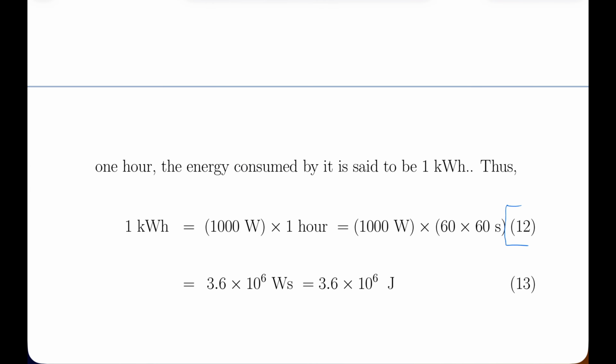Thus, 1 kilowatt hour is 1000 watt into 1 hour. For 1 hour, we write 60 into 60 second. So this comes out to be 3.6 into 10 to the power 6 watt second. So this is 3.6 into 10 to the power 6 joule.